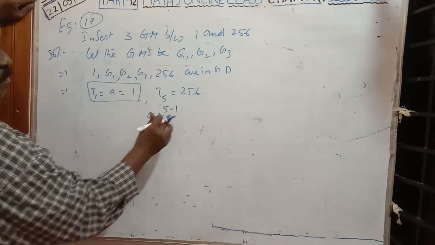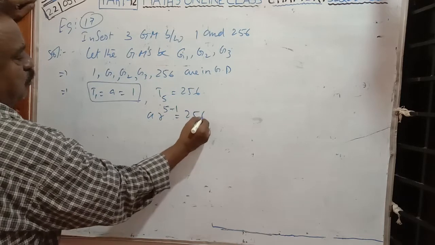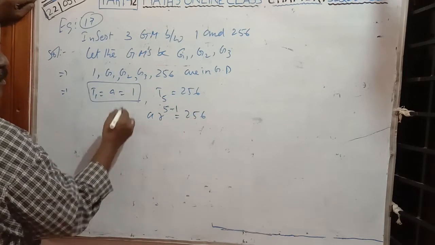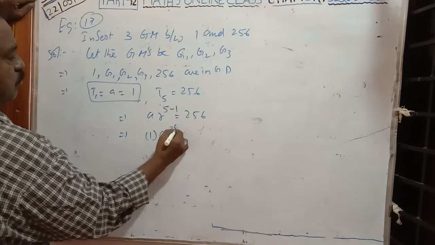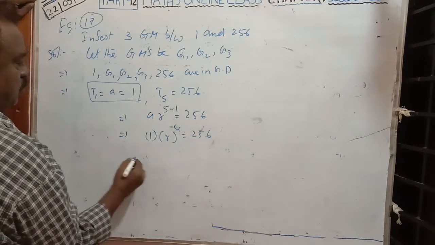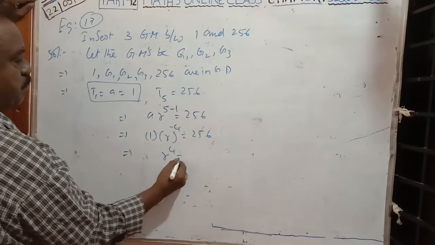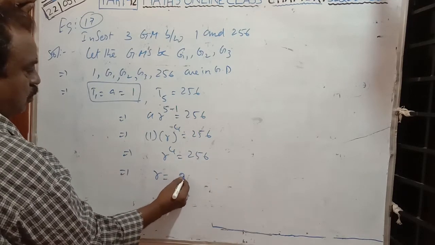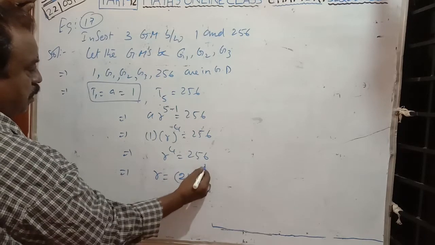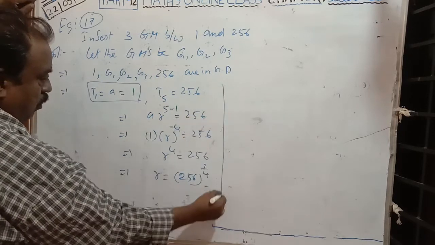A r power 5 minus 1 is equal to 256. A is 1, so R power 4 is equal to 256. That implies R is equal to 256 power 1 by 4.